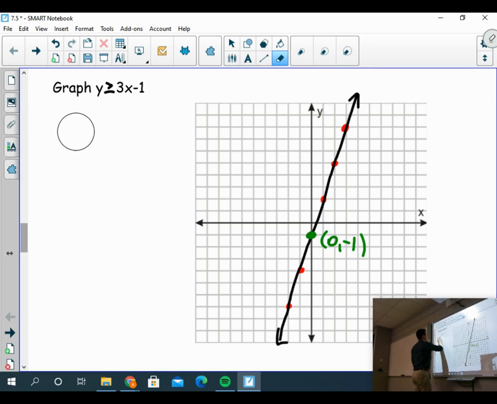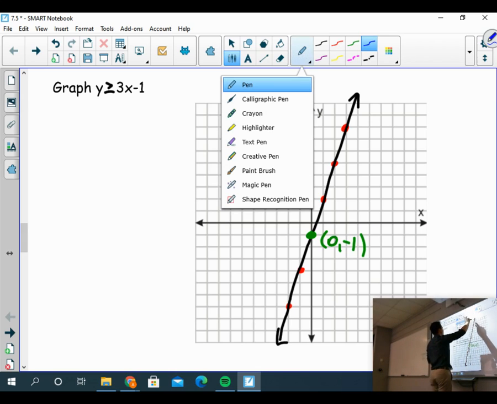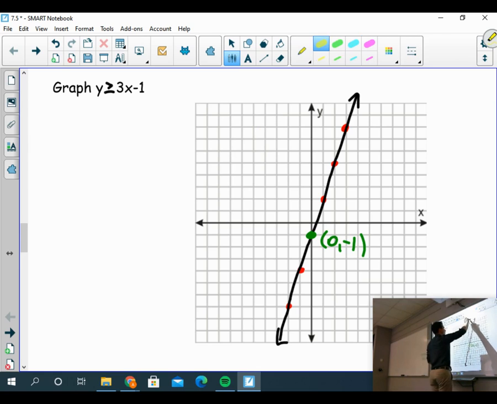Step three, we are going to shade above or below the line. Since we are in slope-intercept form and the open side of the inequality is facing the y, we will go ahead and shade above the line.